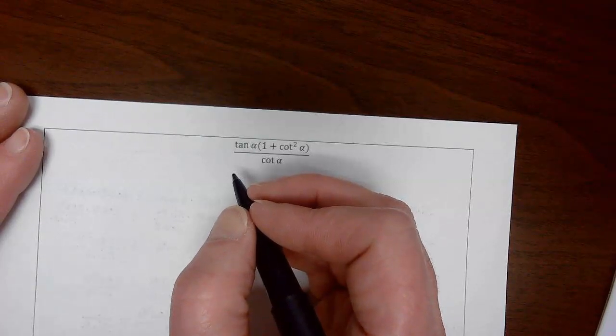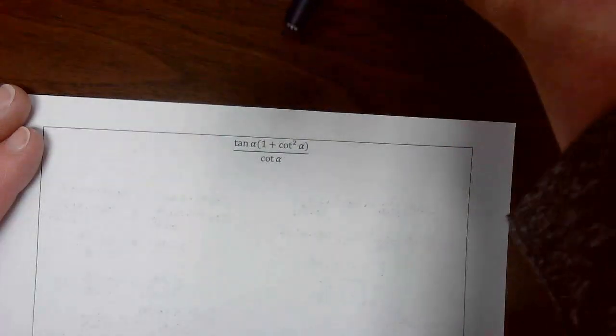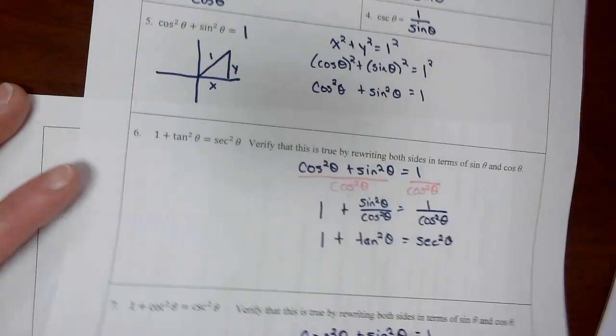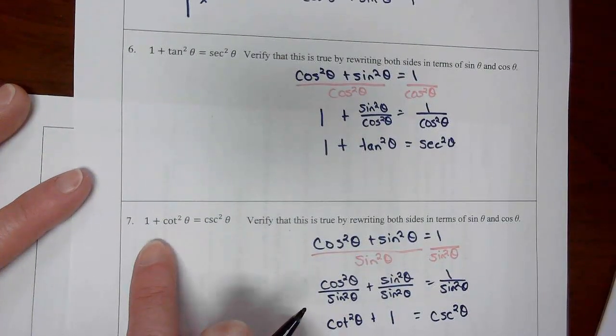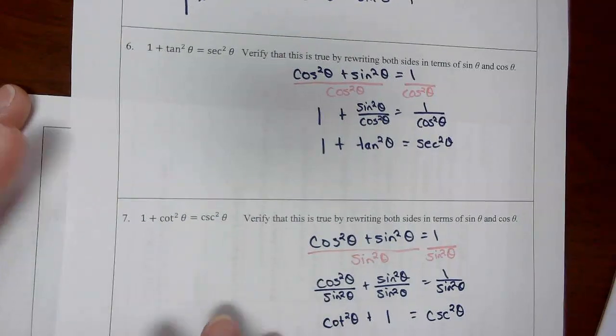Now, sometimes we can do something right at the beginning and make it simpler. If we look at our rules, I see that 1 plus cotangent squared is cosecant squared.